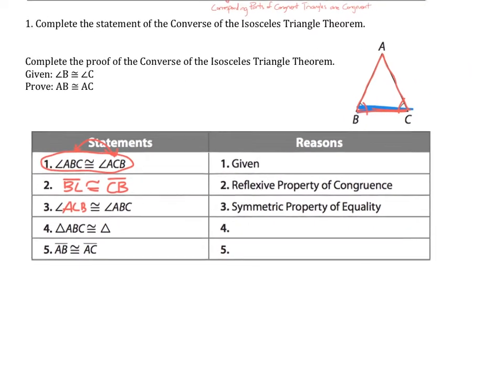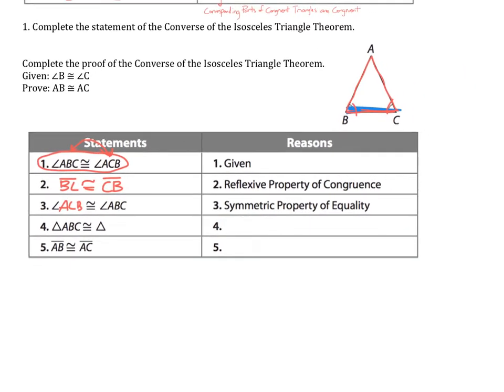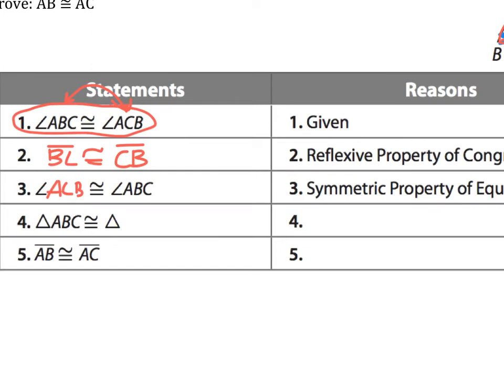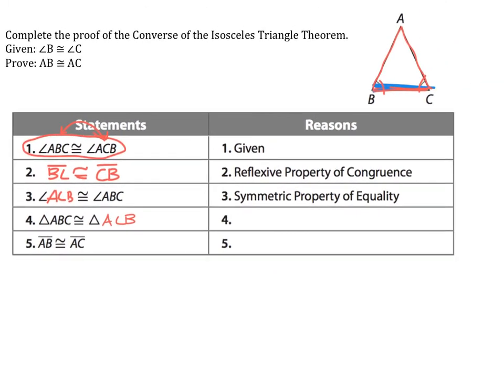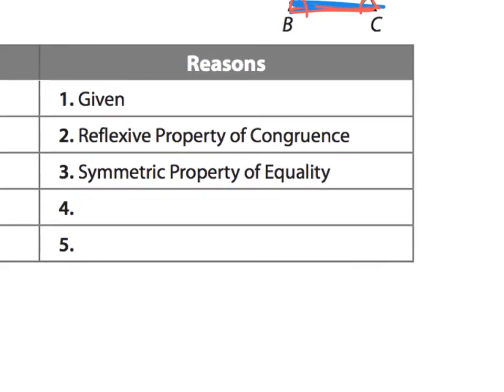And so step 4 says triangle ABC is congruent to triangle, in this case ACB. And we have two angles and a side. And we have an angle, a side, and an angle. So therefore, that is by the angle, side, angle triangle congruence.